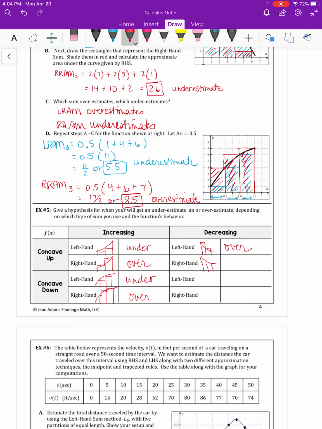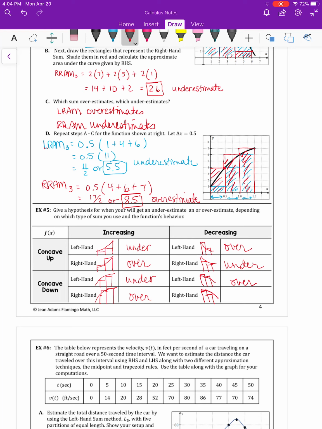Now, if we have a decreasing function but concave up, our left-hand Riemann sum is going to be an overestimate. If we have a decreasing function concave up, our right-hand Riemann sum is going to be an underestimate.